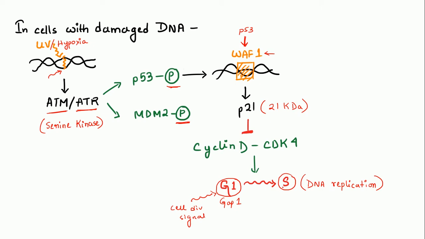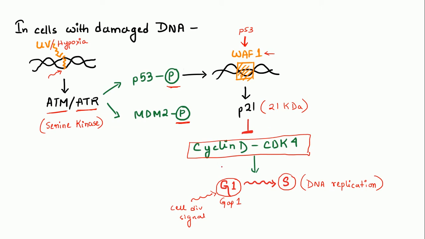So this process is mediated by this complex, which is cyclin D CDK4 complex. These CDKs are actually cyclin dependent kinases. So these CDKs bind to these cyclins, and then only they can perform their kinase activity, that is transferring a phosphoryl group.